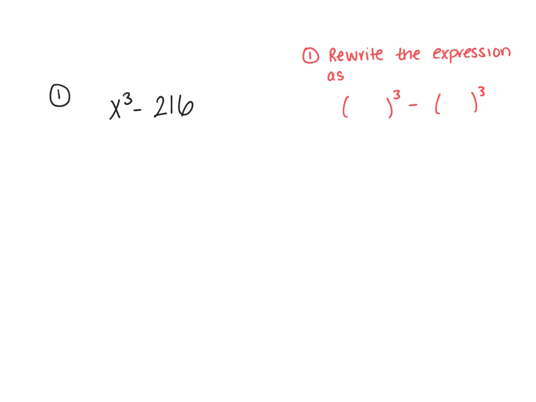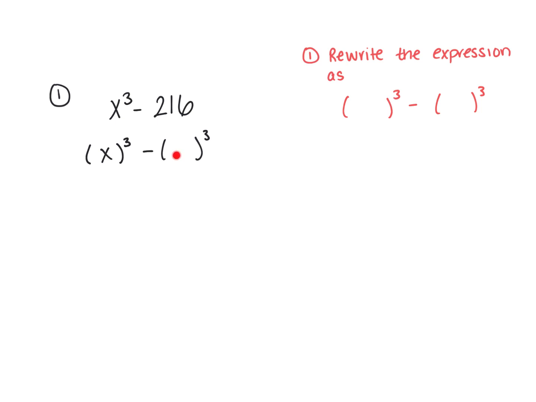So we need to figure out what thing to the third power gave me x to the third, and what thing to the third power gave me 216. So we can actually do that now. This one's easy. X to the third gives me x to the third. So we're just kind of rewriting that first one, and you'll see why I'm doing that in a minute.